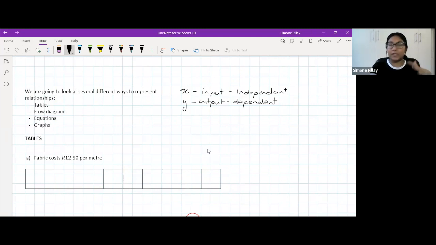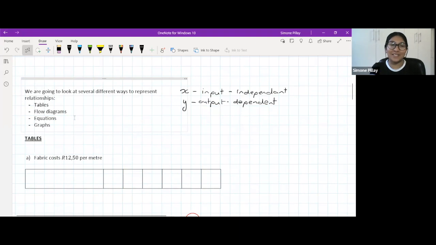What are we doing today? We're looking at how we can represent these relationships. So how do I represent the relationship between my x and my y variables? First, we are looking at our different types of ways to represent relationships. We have tables. I'm sure we've all done tables before. We have flow diagrams. We've been doing flow diagrams, I'm sure, from grade 1.